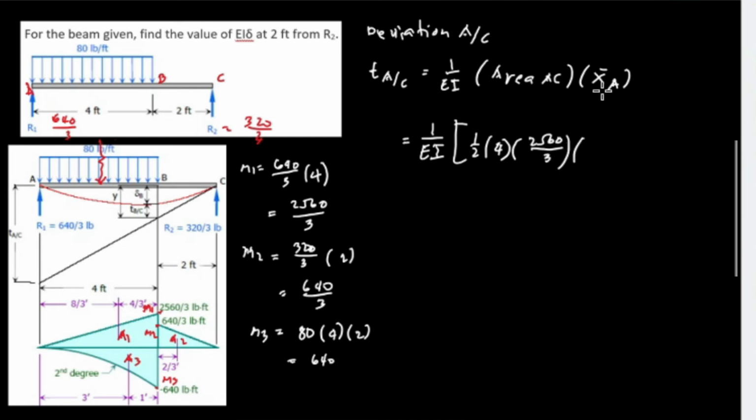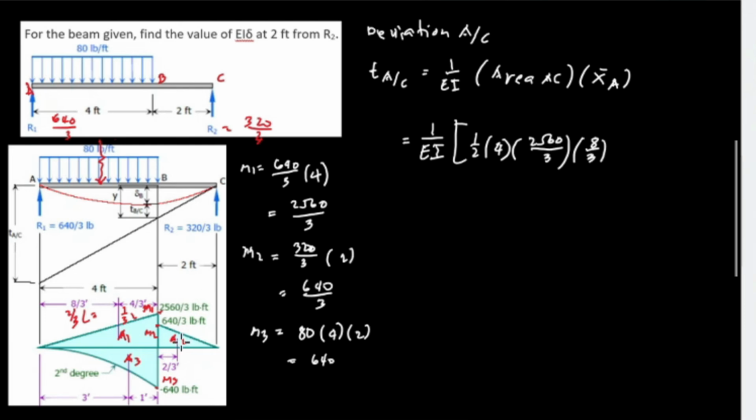And the distance of X sub A is from A up to the centroid of the triangle, and this is 2/3 of L. So 2/3 of L is equivalent to 2 times 4, or 8 over 3. And this one is 1/3 of L, so 1/3 times 4, that's 4/3. So we will multiply X sub A of area 1, that's 2/3 of L, or 8 over 3.